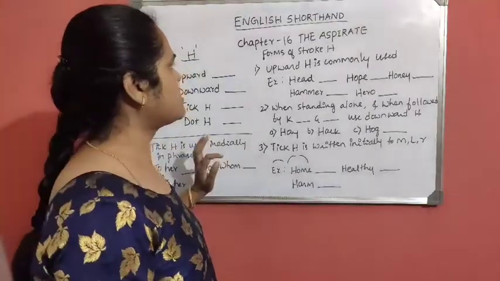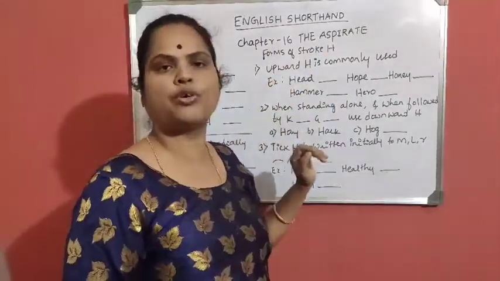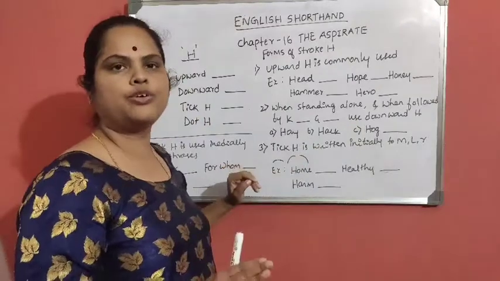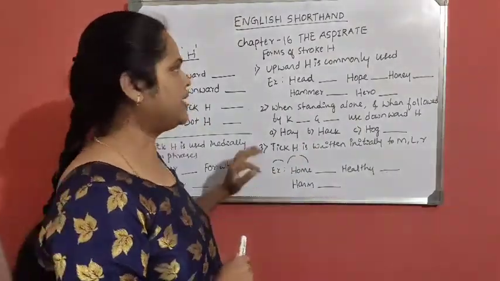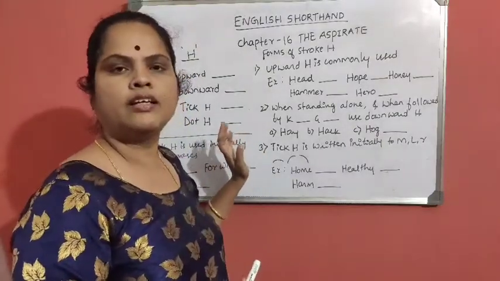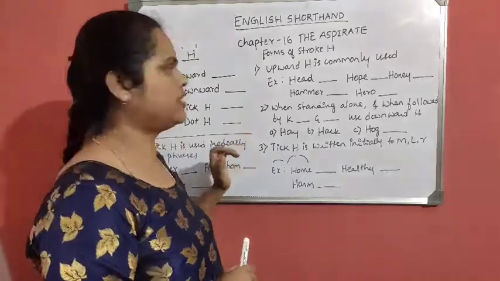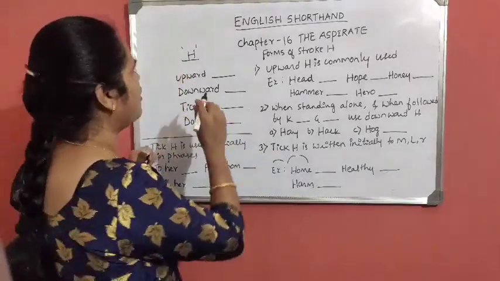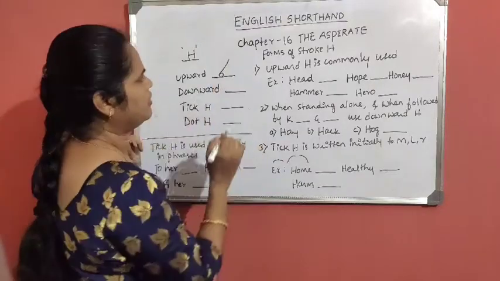Today we shall discuss the aspirate, that is, the forms of stroke H. As you know, there are two forms of writing stroke H, but in this chapter we will come to know the four forms of writing H stroke. The first form of H is upward, like this we have to write.